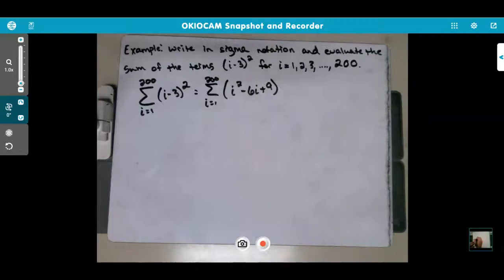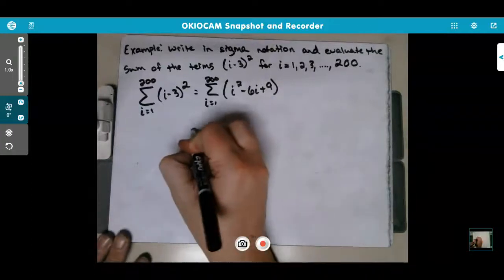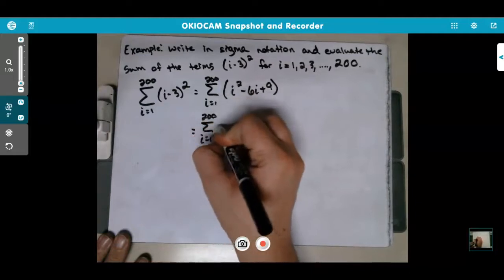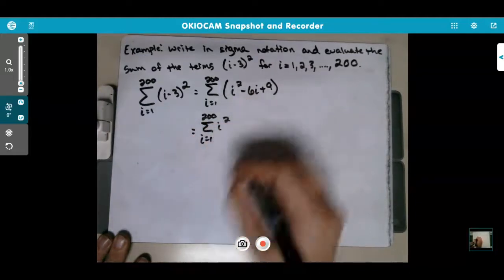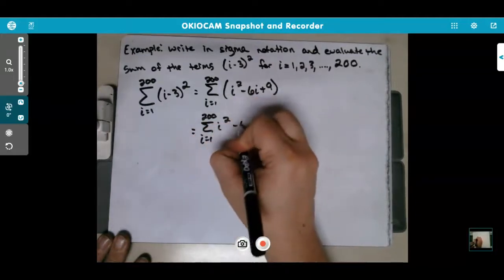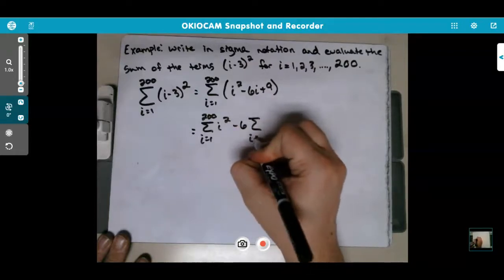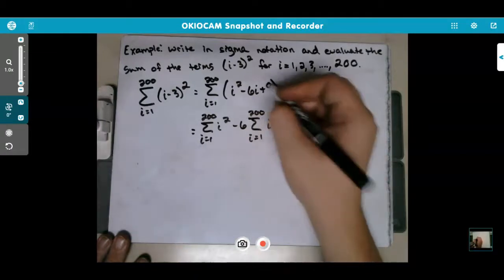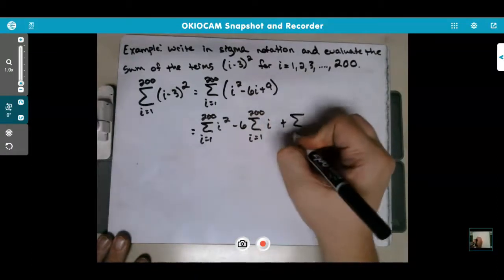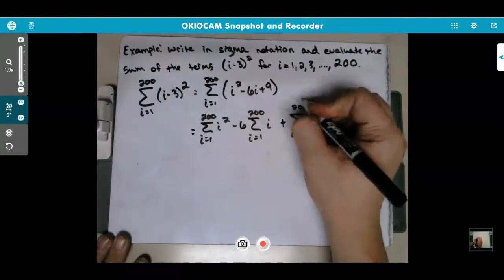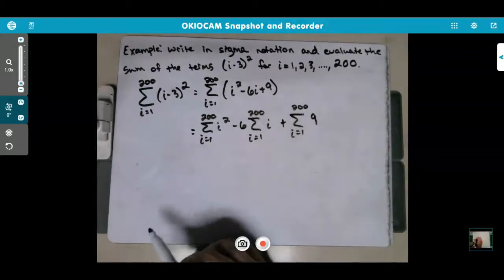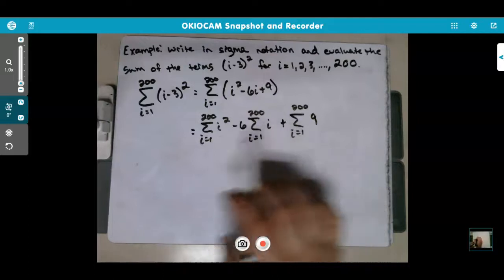So I can rewrite this an easier way and make it the sum from i equals 1 to 200 of i squared, minus 6 times the sum of i equals 1 to 200 of i, plus the sum from i equals 1 to 200 of 9. And what's really nice about this is I know how to do each of these.